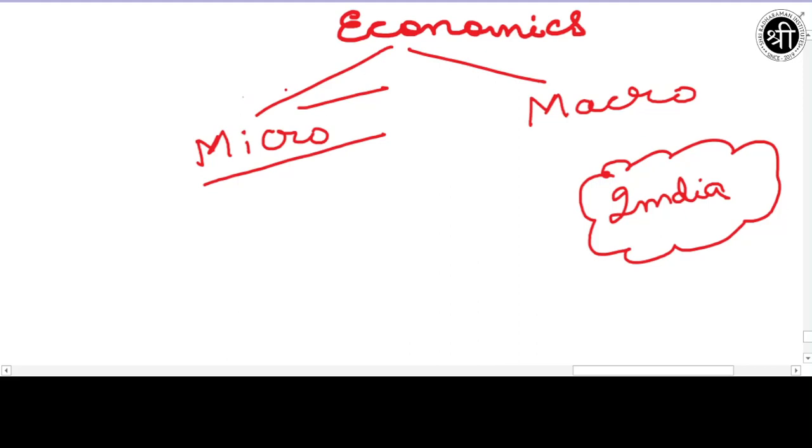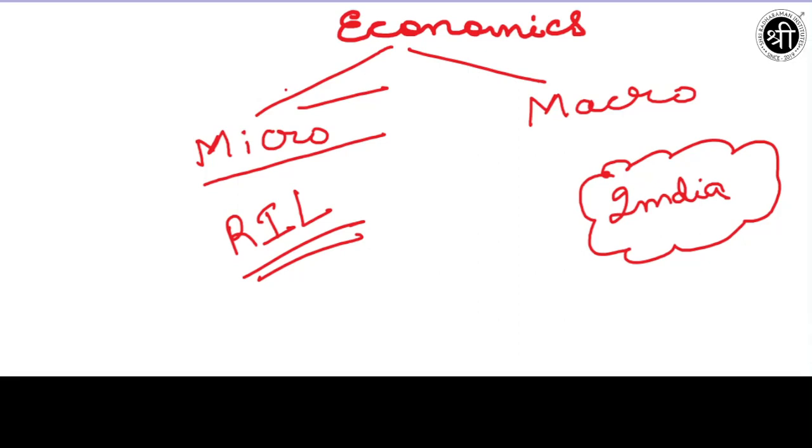But if we study it on a small scale, like Reliance Industries, then we are studying only a part of the Indian economy, only a certain percentage of it. If we study Reliance Industries, we are only studying one economic unit. So this is what we call microeconomics, meaning economics on the small scale.